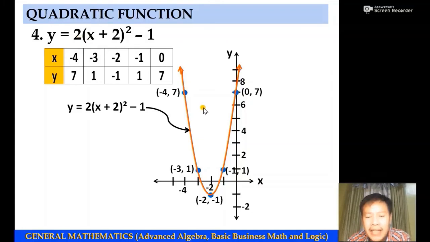It means that if the absolute value of the coefficient of the quadratic term becomes larger, the opening of the parabola becomes narrower. If the absolute value of the coefficient of the quadratic term is smaller, the opening of our parabola becomes wider. If the coefficient of the quadratic term is positive, our parabola opens upward.